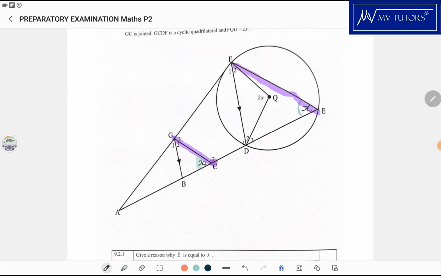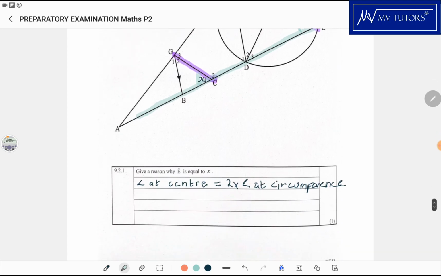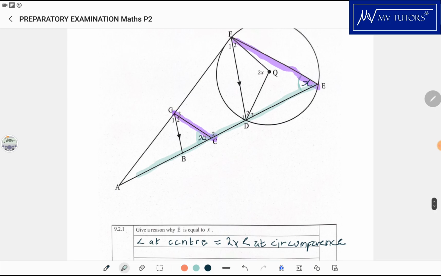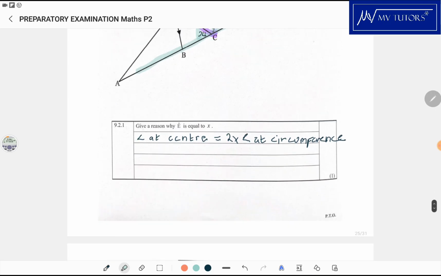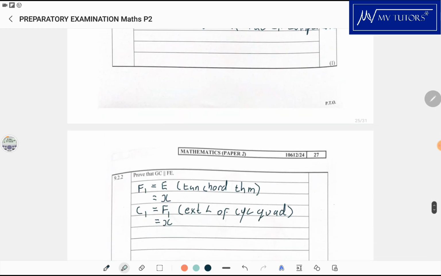If I draw this, it makes a line, and you can see that this X and that X there are what we call corresponding angles. Now we've proved corresponding. Since C1 is equal to E, those are corresponding angles.